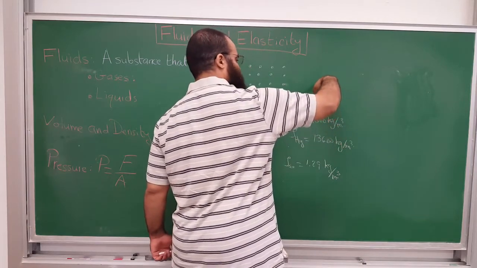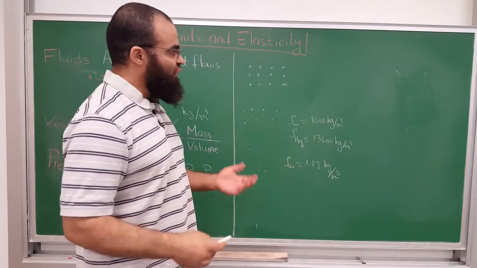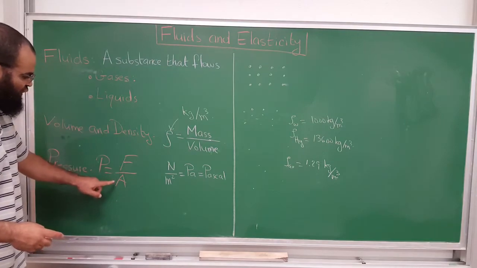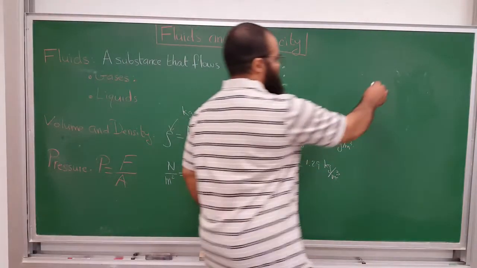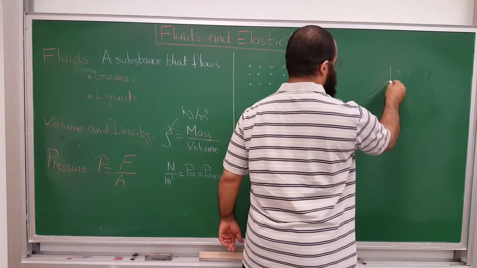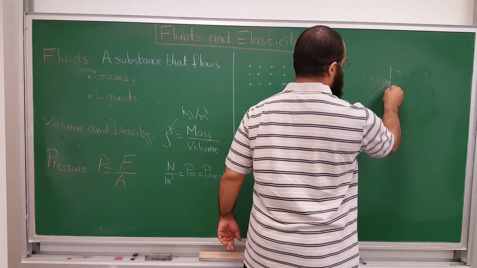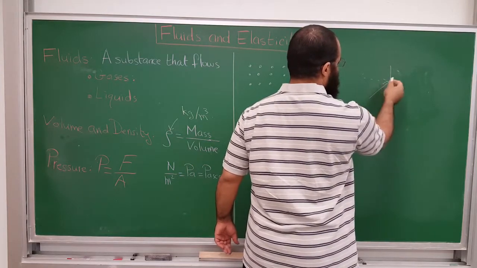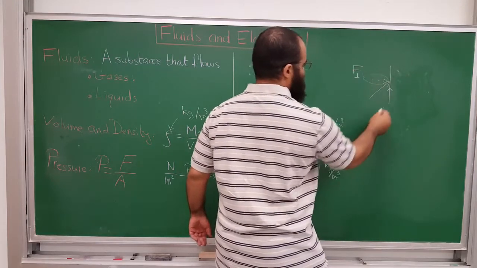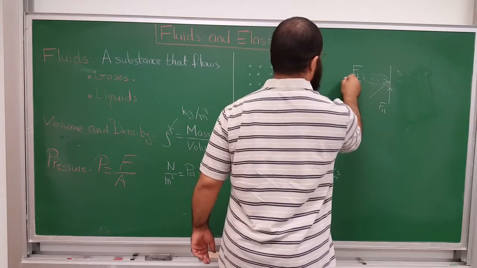Only the part of the force that's perpendicular is the part that causes pressure. So if I take an object and I apply a force this way, the force has two parts, right? One of them is parallel and the other one is perpendicular. This is the perpendicular part, F perpendicular, and this one is F parallel. The pressure will be this force divided by the area.